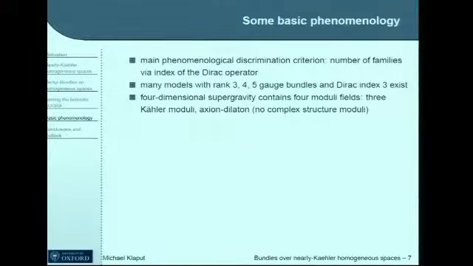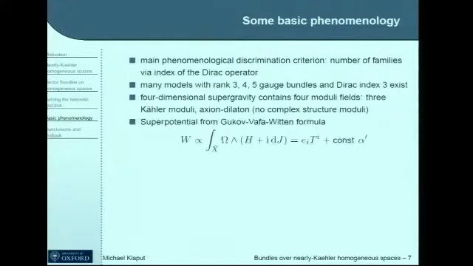Now let's come back to the original motivation, which was moduli stabilization. This will be explained in more detail in Eric's talk, so I will just briefly mention what comes out of it. When you compute the superpotential in the effective four-dimensional theory, it contains this term, which has been known for some years now.